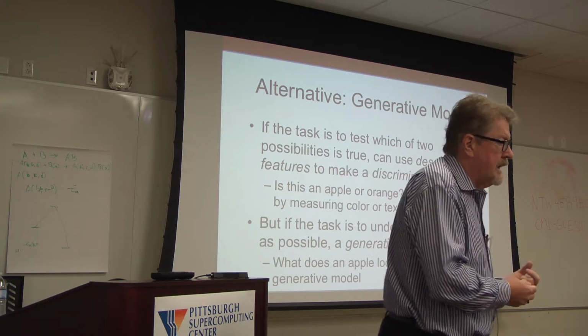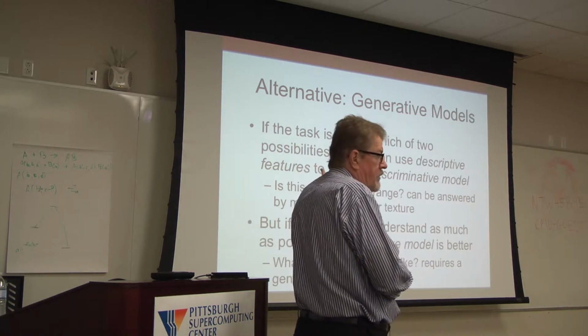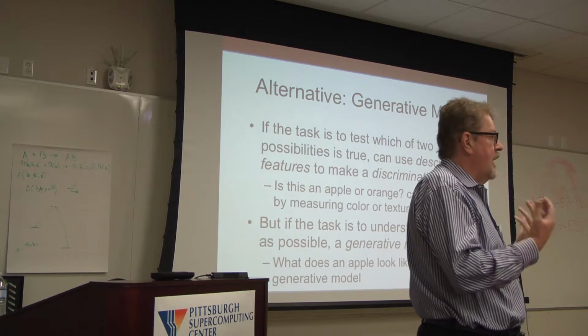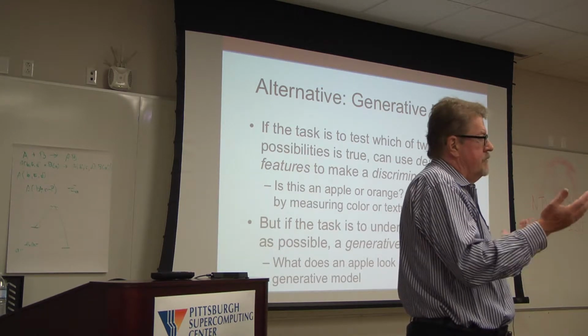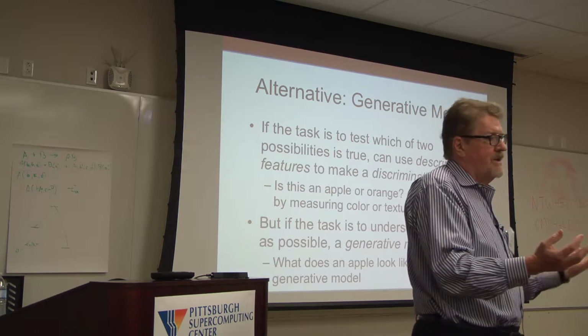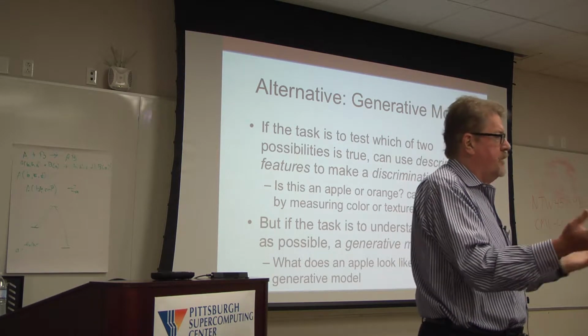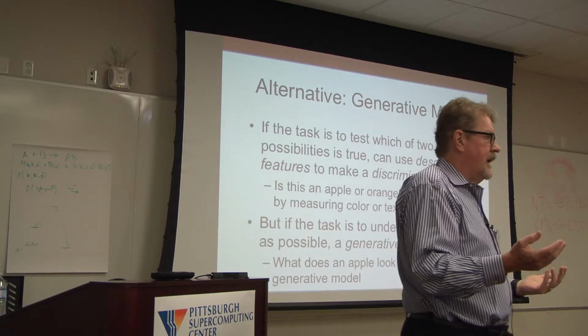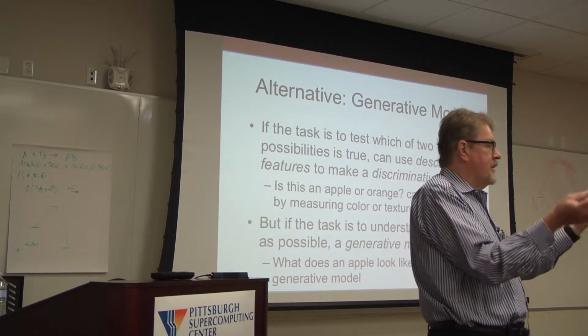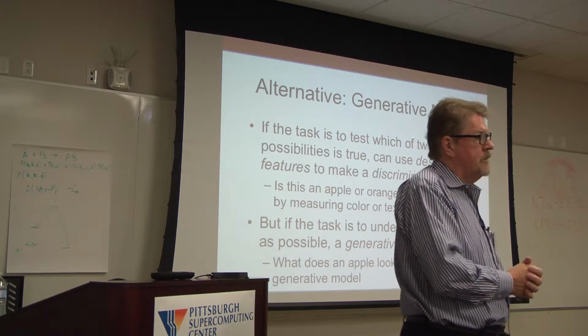Okay? So if I were trying to model the growth of an apple, it wouldn't be helpful to know that it's red. That's not enough, right? If I want to compare the organization of an apple and an orange, I can tell the difference between an apple and orange by their color, but that doesn't help me put together an apple or an orange.